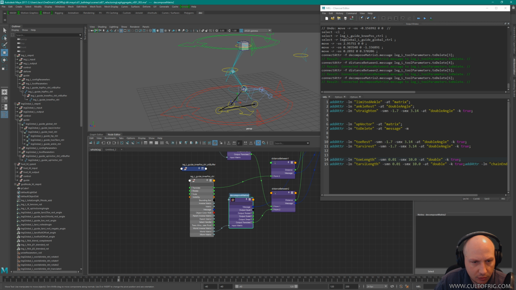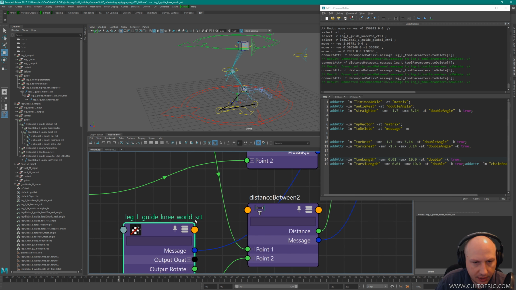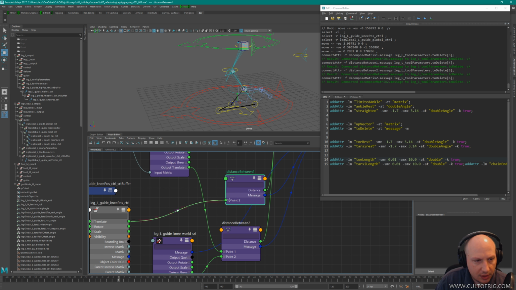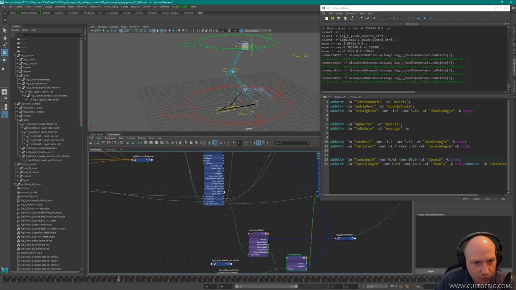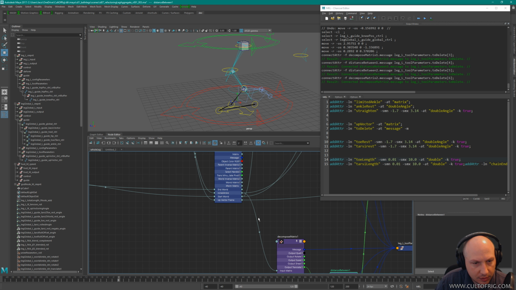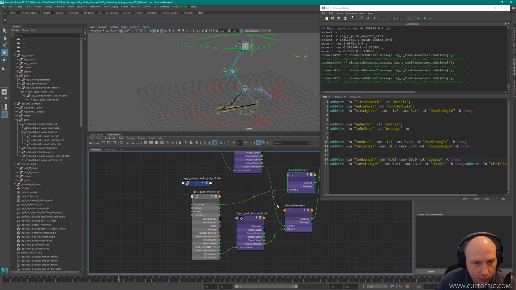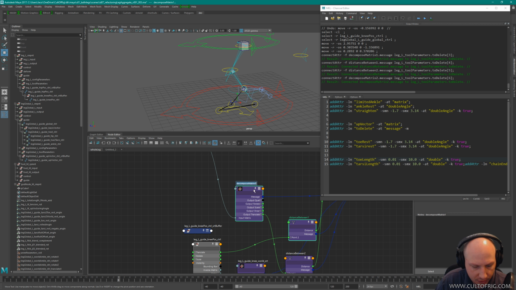So we might as well give it a decent name. Something like, let me see if I can zoom in, leg guide, knee, world, SRT. And these will be rolled ankles. So something similar to that, but for the ankle would seem to make sense here.